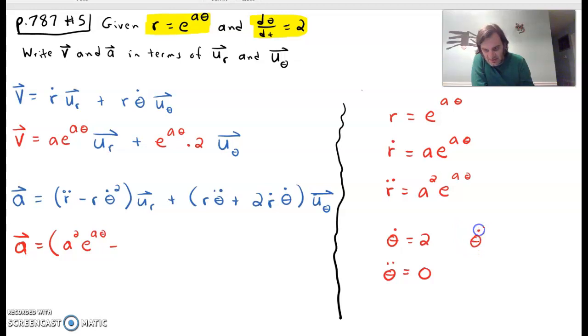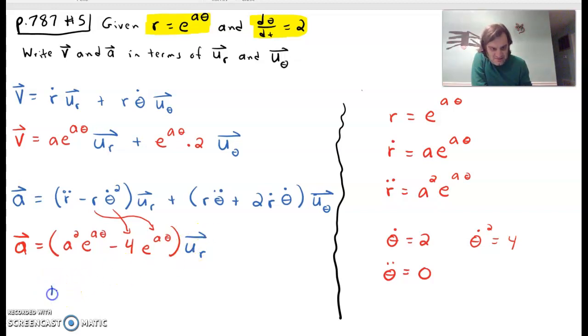So derivative of theta squared would be 4, since the derivative of theta is 2. So that'd be minus 4 e to the a theta. So this is here, and that's there.